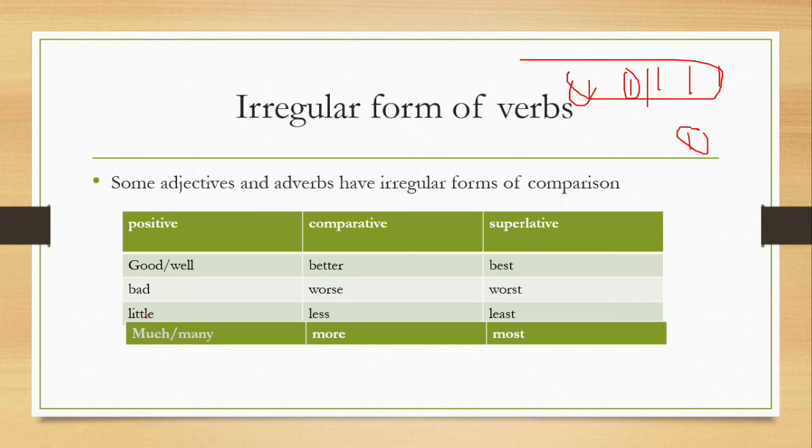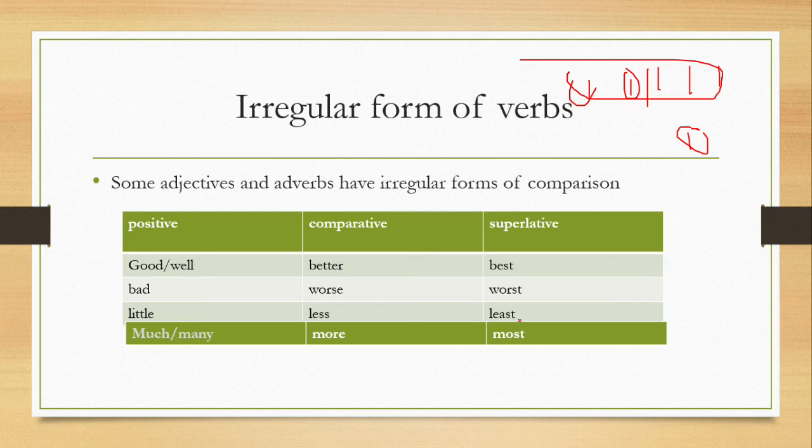Much or many. Before I go to that, let's talk about little. Little goes to less. It's less than a quarter, it's less than a half, it's less than 1. You see? After the less, under superlative we say least.